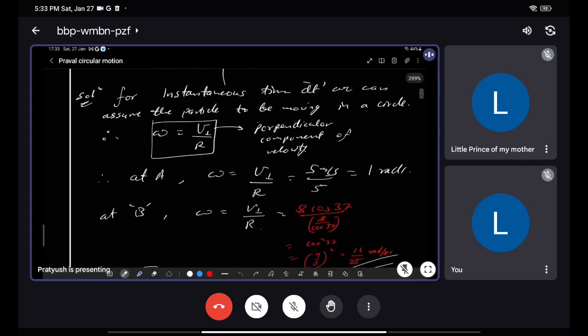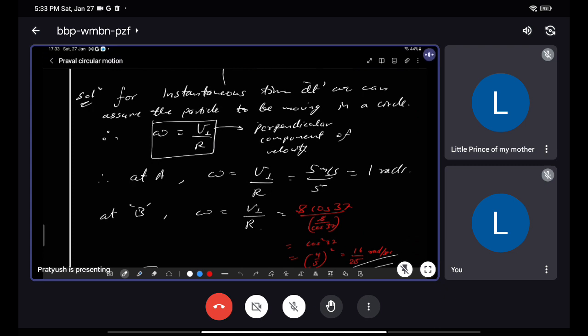Here, one thing we need to remember. We always take the perpendicular component of the velocity. We will not take the perpendicular component of the radius, but the component of velocity which is perpendicular to the radius.